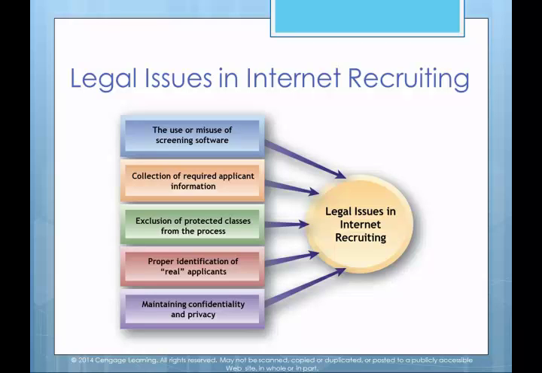And then proper identification of real applicants, which applicants really want jobs. If someone has accessed a job board and sent an email asking an employer about a job opening, does the person actually want to be an applicant? And then maintaining confidentiality and privacy. What are the implications of internet recruiting in terms of confidentiality and privacy?